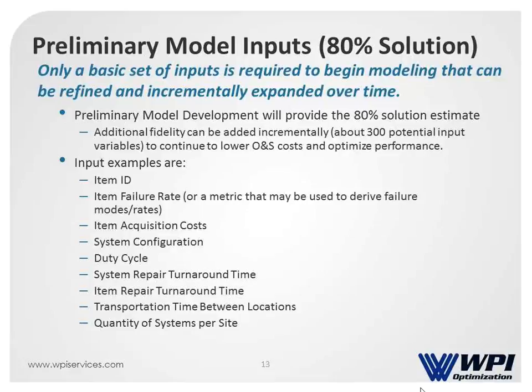But really, the only required data is some item identifier, item failure rates, the acquisition costs, the notional configuration of our system, the duty cycle or utilization factors, the system repair metrics and item repair metrics, and our transportation profiles. Once we have that, we can really start to build a robust 80% solution that we can use to continually develop and continuously optimize our capability.